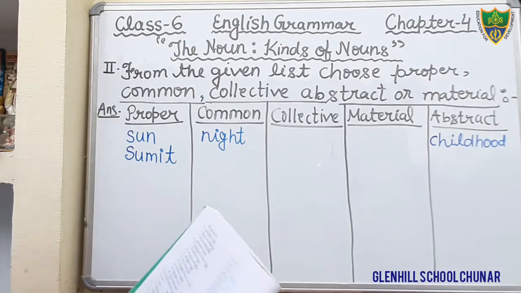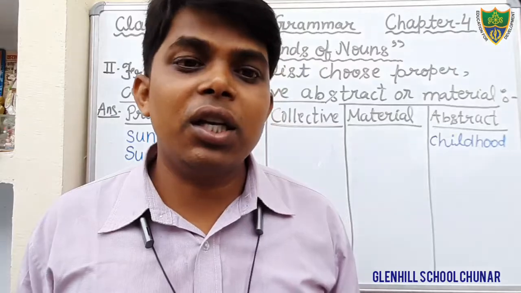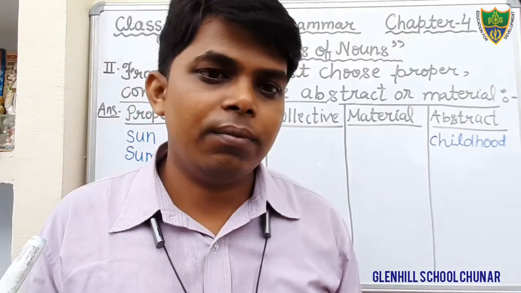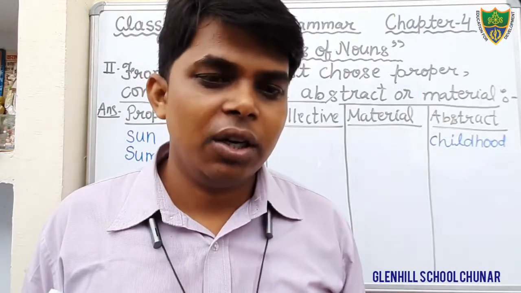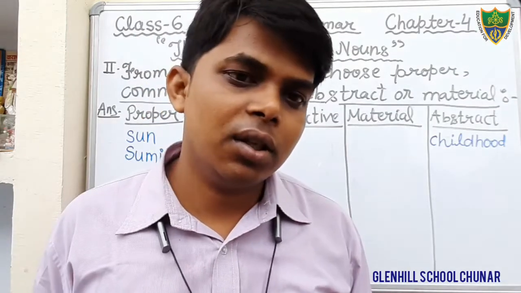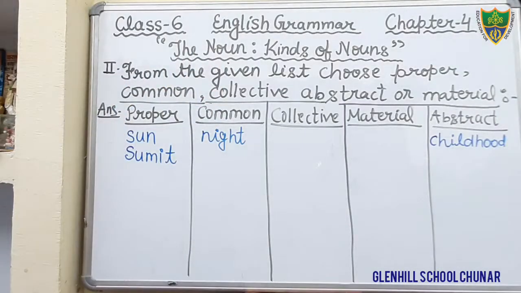Next question, slavery. Slavery is a kind of feeling that we can only think of, that we can only realize, but we cannot touch the slavery, we cannot see the slavery, we can only feel, we can only realize. So that is what kind of noun? Slavery is abstract noun.